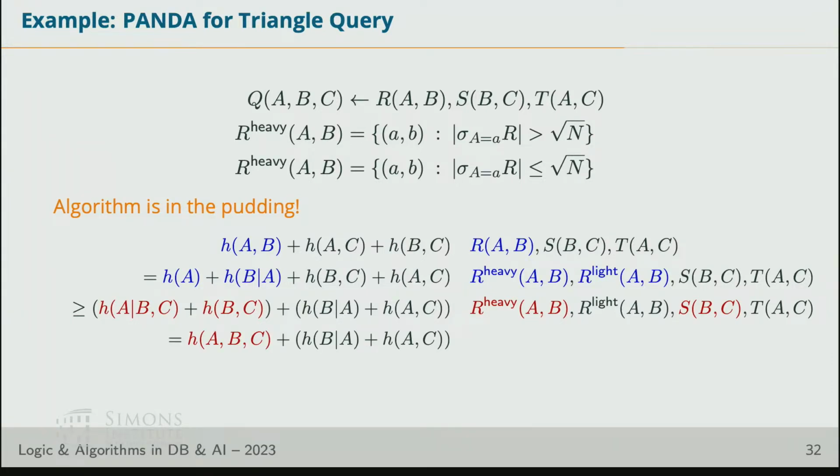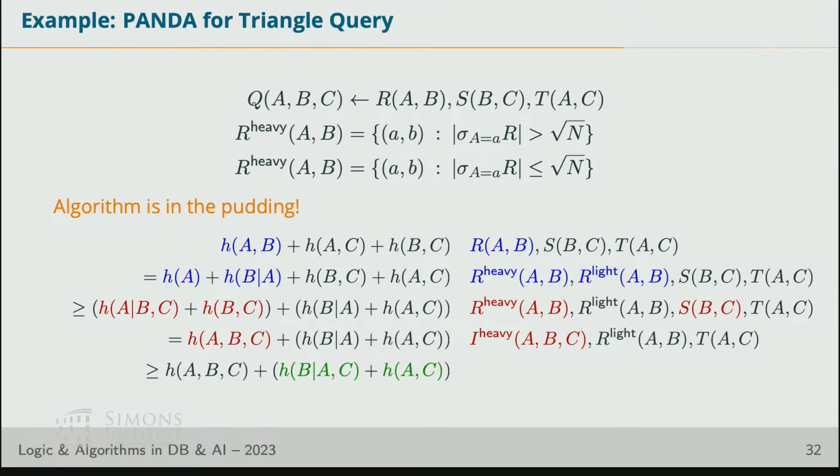Okay, so in the inequality, we compose those 2 into this join, right? And in the database, we are going to join R heavy with S of BC into an intermediate result. I'm going to call this I heavy of ABC. Again, the join means I'm going to compute a table ABC for which AB is in R heavy and BC is in S. That's just a join operator.